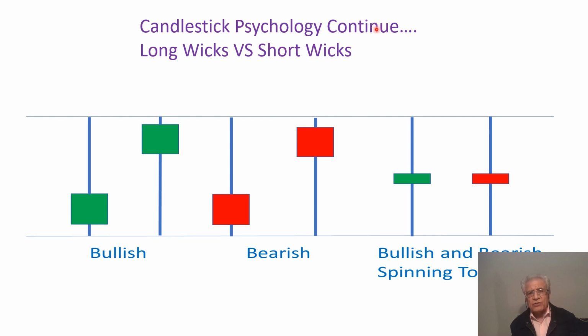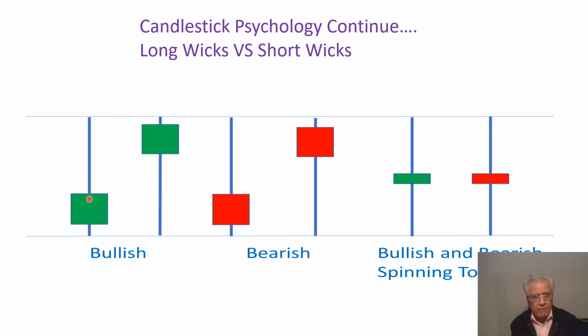Candlestick psychology continues. Long wicks versus short wicks. Now, a candlestick with a longer upper shadow and a shorter lower shadow, like this, bullish and bearish, indicates that buyers were dominant.